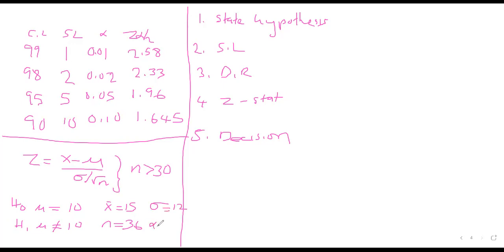Our alpha is 0.05. Start step one, state the hypothesis. We've already been given our hypothesis. Mu is our null hypothesis, our original thought. So mu is equal to 10. The alternative is mu is not equal to 10.